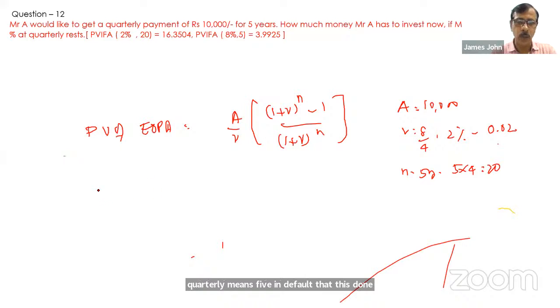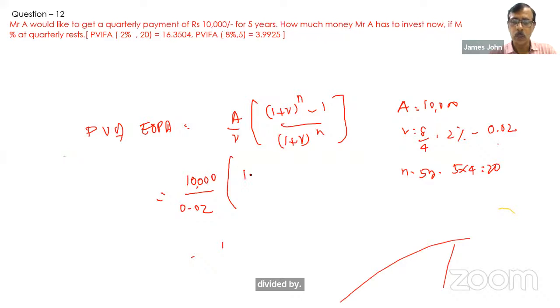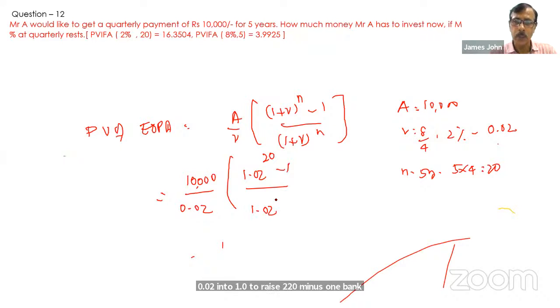Now use this formula. Here we want the present value. If you are not looking at the factor, you apply the formula. 10,000 divided by R, 0.02, into 1.02 raised to 20 minus 1 by 1.02 raised to 20.